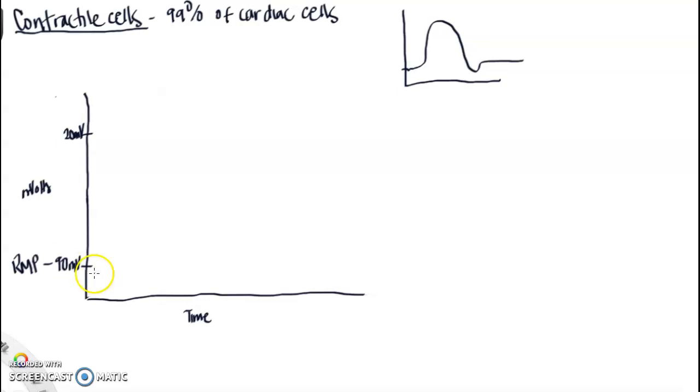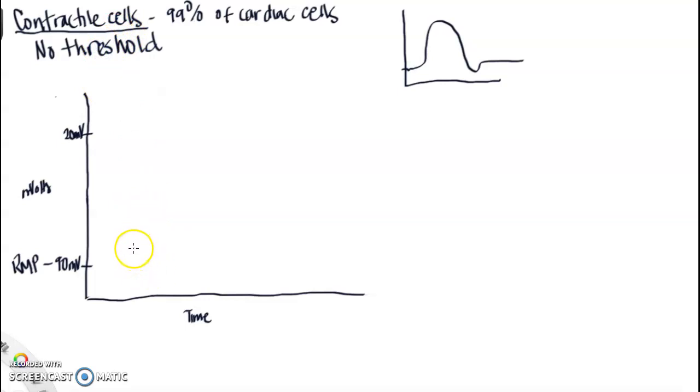There's no waiting for sodium gates to open or some kind of threshold, and then it happens. There's no threshold here. So in contractile cells, there's no threshold. So they just do what they're told to do. And as soon as they're told to do it, they do it.